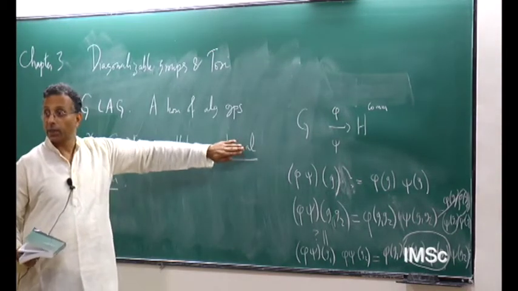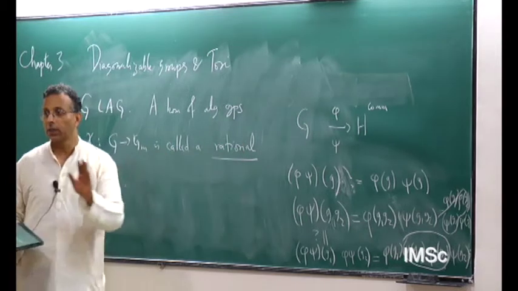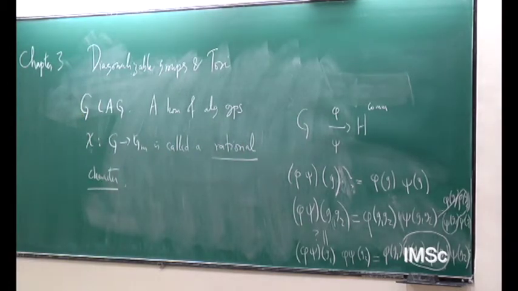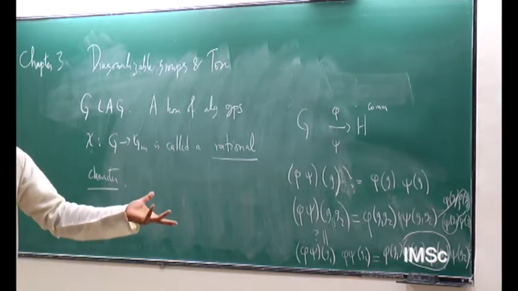If you were doing abstract groups, you might have seen this definition somewhere. If I take a group, group homomorphisms to C star are called characters. Now the word character is used in many different senses in group theory. Character can mean a character of a representation, etc. They are all related with each other. So this is yet another use of the word character.